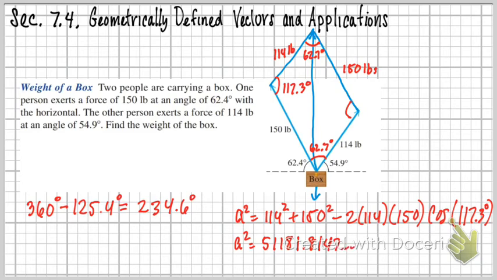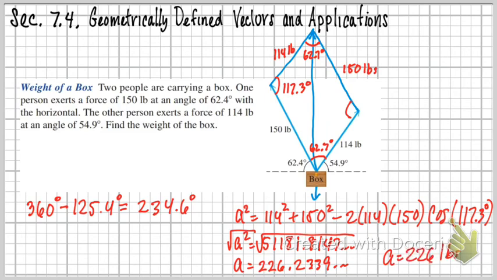And then remember now, that's my a squared equals that, which means I have to square root it. So when I square root it, I'm going to get a equals 226.2339 blah blah blah. And then if I reduce it down to whole pounds there, this is going to tell me that a is actually going to equal 226 pounds.